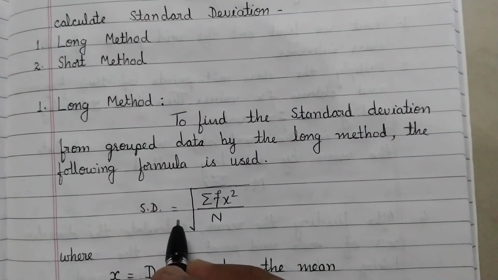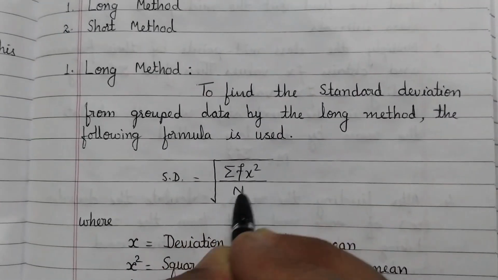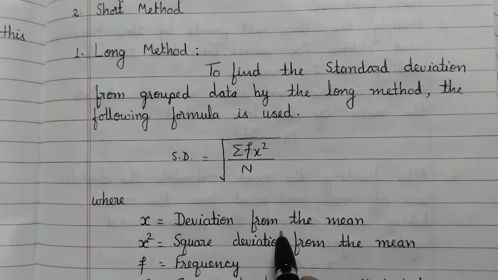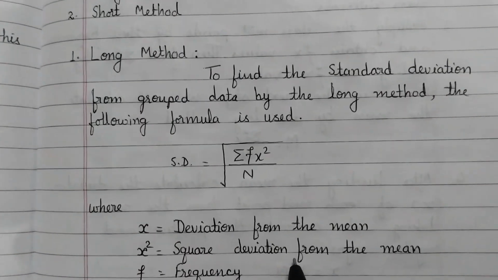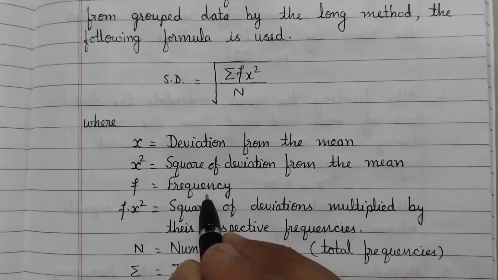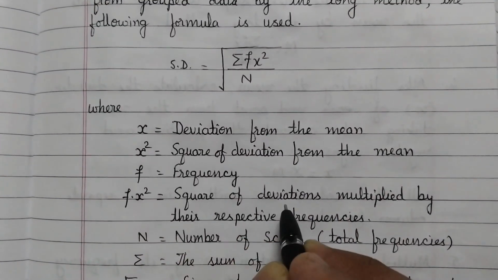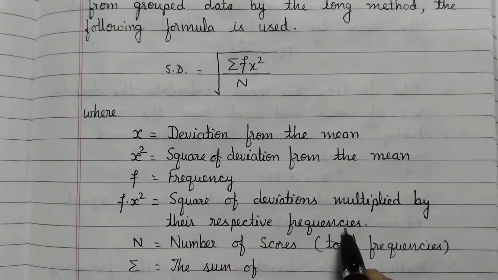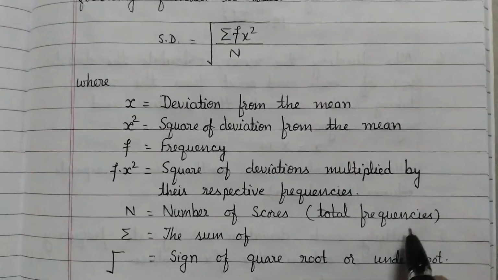Standard deviation SD or sigma is equal to under root summation fx square by n, where x is the deviation from the mean, x square stands for square of deviation from the mean, f stands for frequency, fx square stands for square of deviation multiplied by their respective frequencies, and n stands for number of scores or total frequencies.